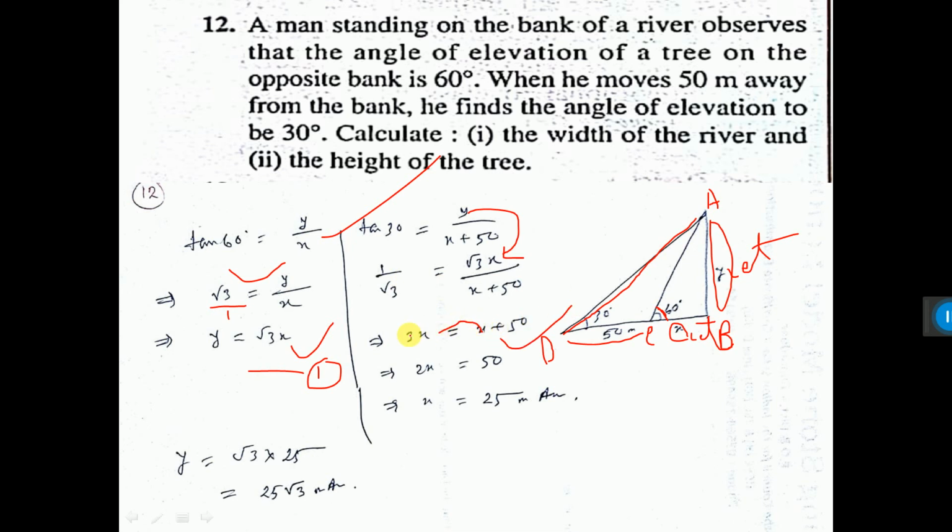Now take x this side, so 3x minus x will be 2x equals 50. Then x equals 50 by 2, that is 25. Now you put the value of x here, then 25 root 3 is the value of y. So the height of the tree is 25 root 3 meter and the width of the river is 25 meter.